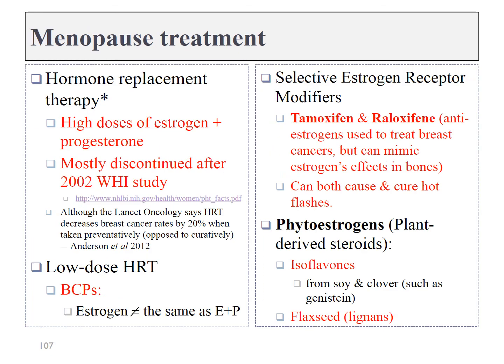Treatments for menopause focus on trying to replace the hormones that are lost, both estrogen and/or progesterone. Back in the 90s and early 2000s, this was done with high doses of equine estrogens and progesterones, known as hormone replacement therapy. But it was discovered that this increased the risk for breast cancer and heart disease.